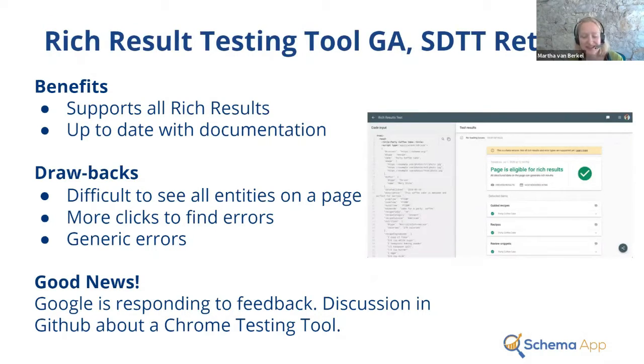The other piece that our friend Jarno from Europe highlighted was that there's also a good discussion going on in GitHub about having a testing tool within Chrome so that you can see the structured data directly in Chrome. This is also something here at Schema App that we, of course, have our own testing tool, and so we're looking to see how we can update it or release it in a different way that would help solve this problem.